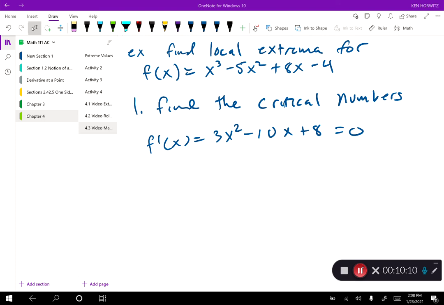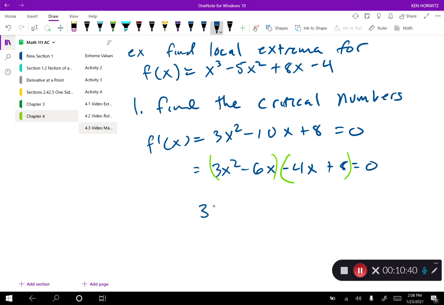All right. So in order to solve this, we need to factor it. So I'm going to use the AC method. So 8 times 3 is 24. So I have 3x squared minus 6x minus 4x plus 8 equals 0. There are my groups.